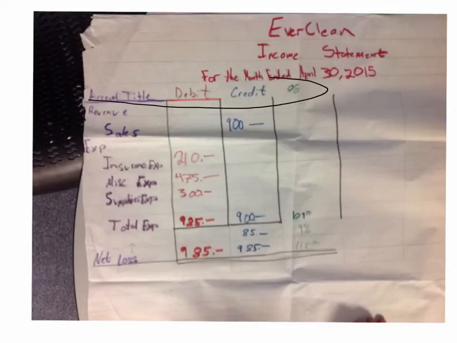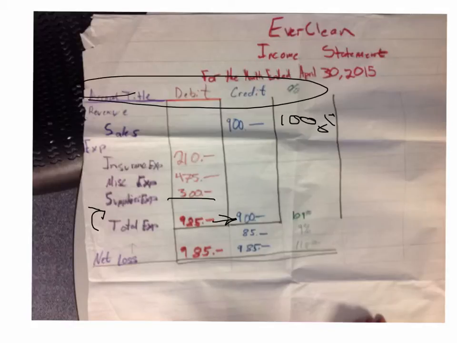They should not have titles up there. And then also, this should say 100% right here. And there should be an underline under that, and the total expense should be in this row, and the 985 should be in this row.